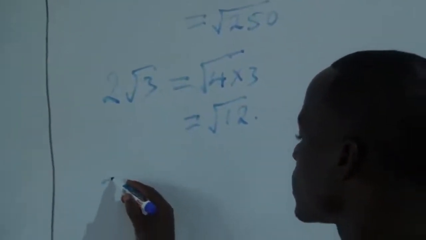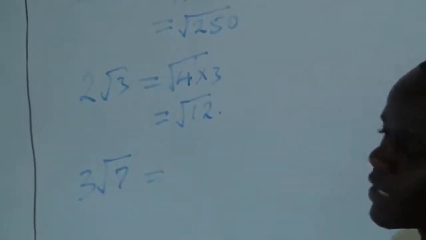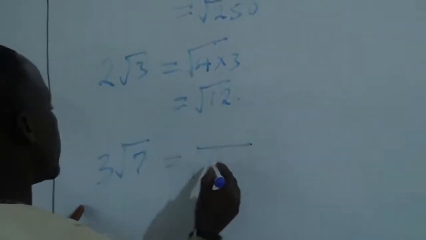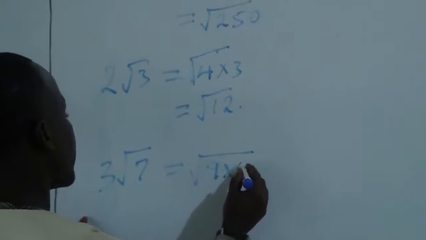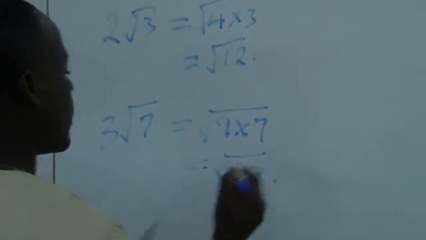How do you change 3 root 7 to its single root form? Do we square 3 or 7 here? Of course, we square 3. If you square 3, you get 9, and 9 times 7 gives us 63.